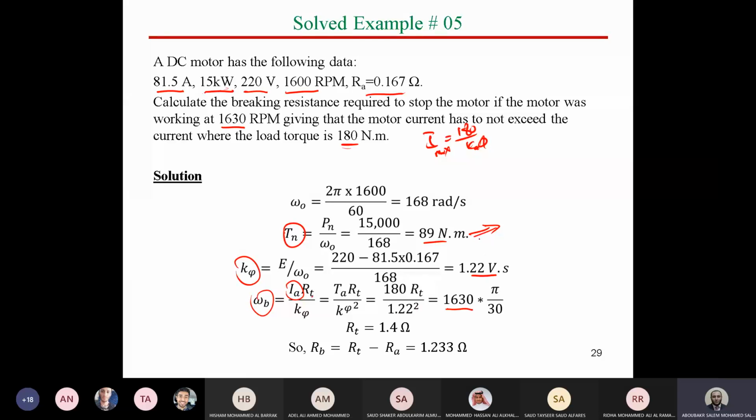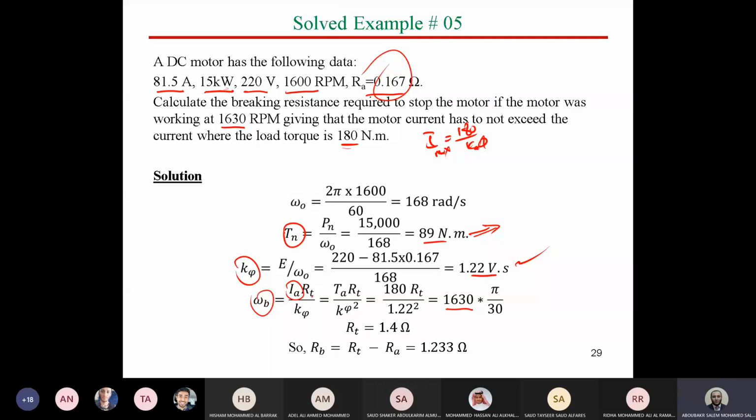We obtain K phi from here. So the total resistance is 1.4, and we already have the value of RA, so we can easily obtain the value of the braking resistor. So we obtain now the braking resistor that will limit the current to the maximum current, which occurs at 180 Newton meters. Okay.